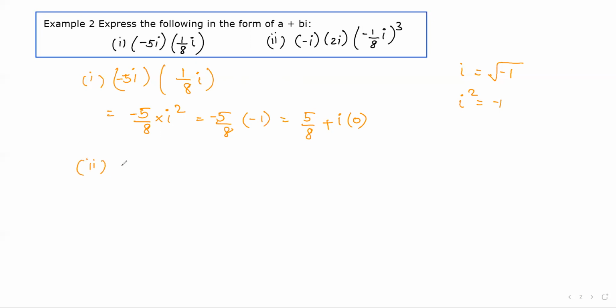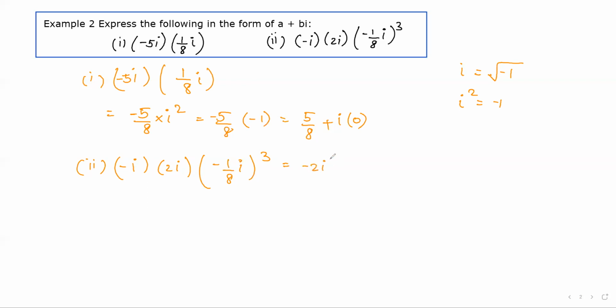Second, minus i into 2i into minus 1 upon 8 into i whole cube. So minus i into 2i is minus 2i square, and i square is equal to minus 1.